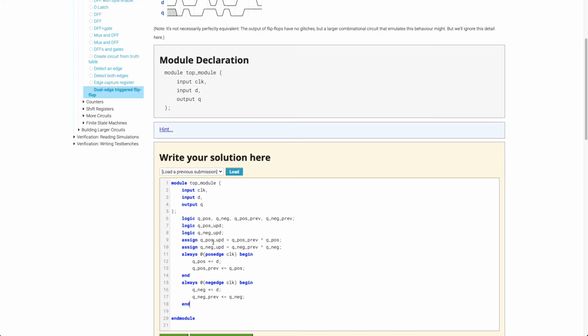So as soon as there's a change in any of these, and I know these can't happen at the same time, so if Q pos updated, I take this, and if Q neg updated, then I take Q neg.